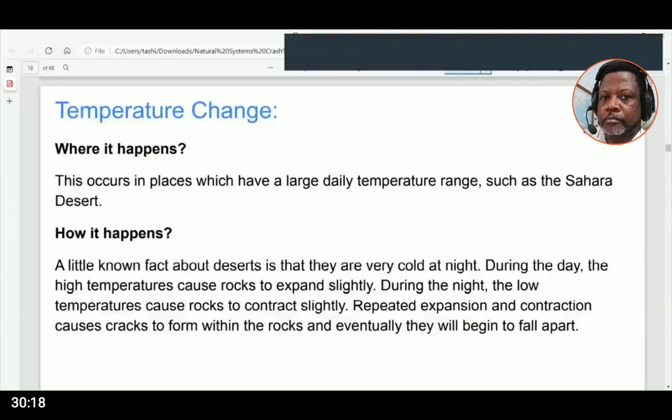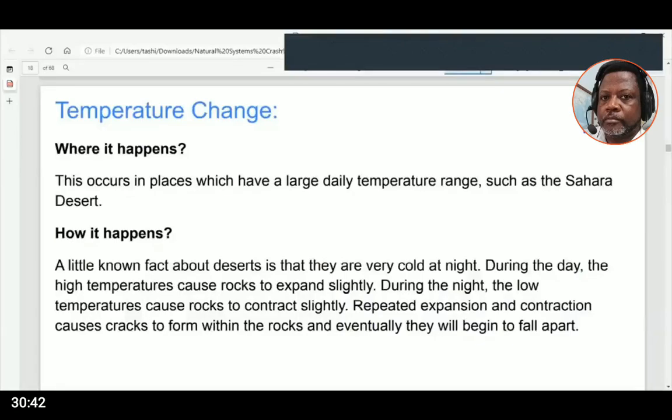So during the day, the temperature is high. There's no water in the rock like frost action, but the high temperature itself causes the rocks to expand slightly. During the night, you have the low temperatures. It causes the rocks to contract slightly.